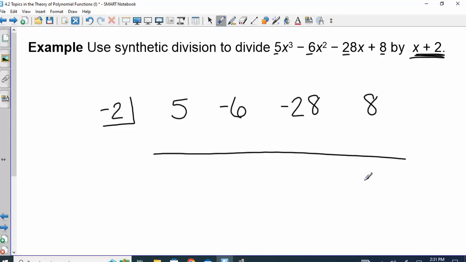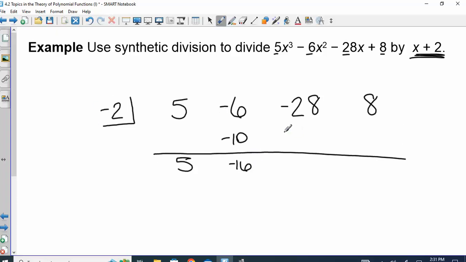It's a series of basically multiply and add. And that's all we're doing. The first number comes straight down. So my 5 comes down. Then we multiply. So 5 times negative 2, negative 10. And then we add negative 6 plus negative 10, negative 16.